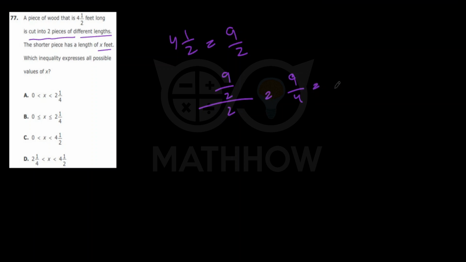Converting this into a mixed fraction, this will be equal to 2 and 1 over 4 feet. So this is the half length. Any length that is less than this length and greater than 0 feet, right? Since the shorter piece should have a length greater than 0.